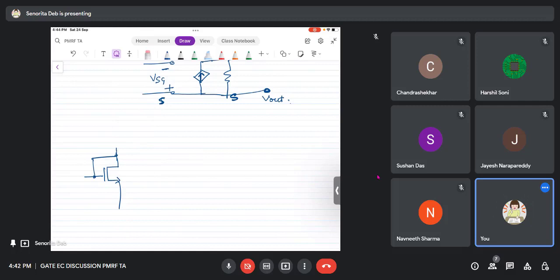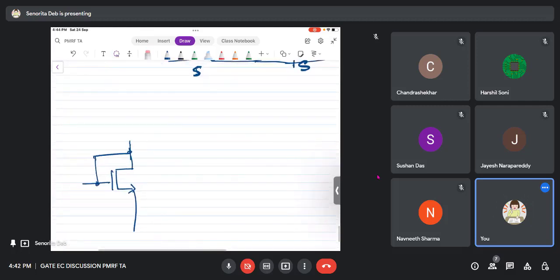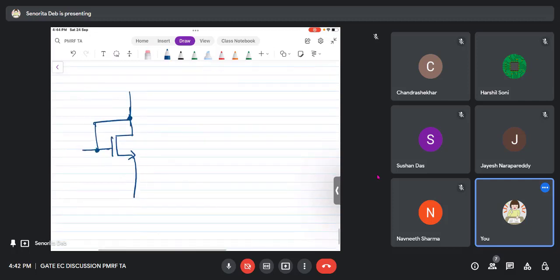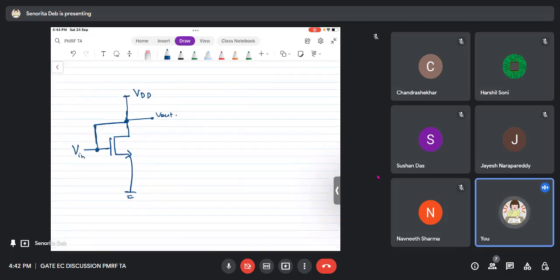Now we will be drawing the small signal of this model. So what will be the small signal? Everything will be same except that there will be one short connection from here to here, right?